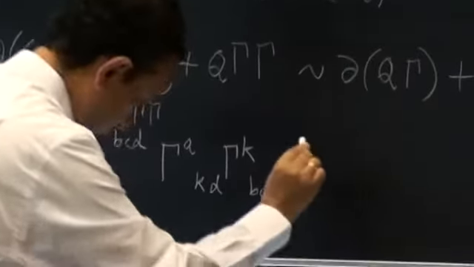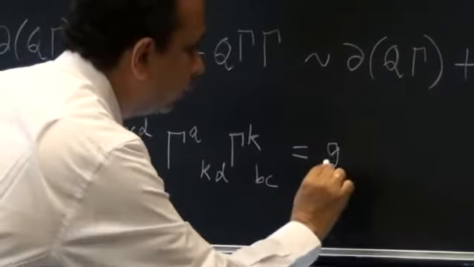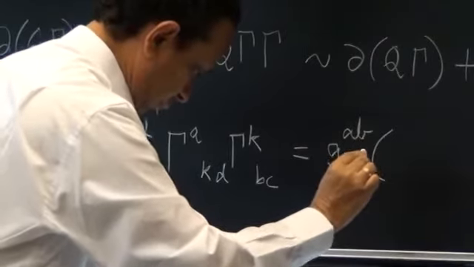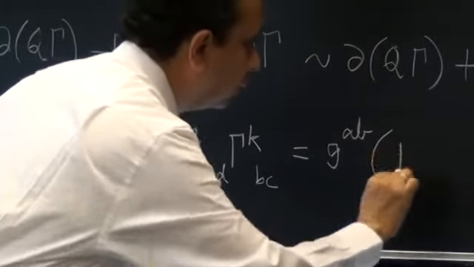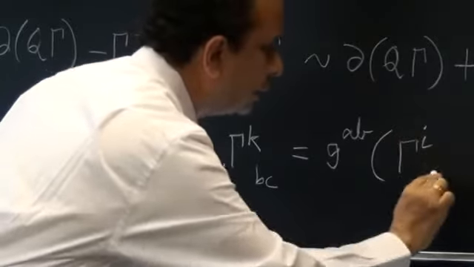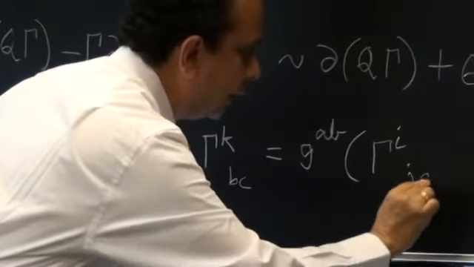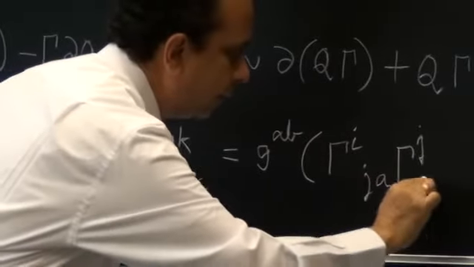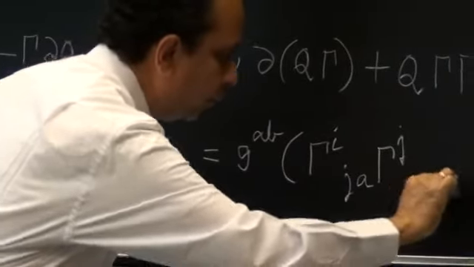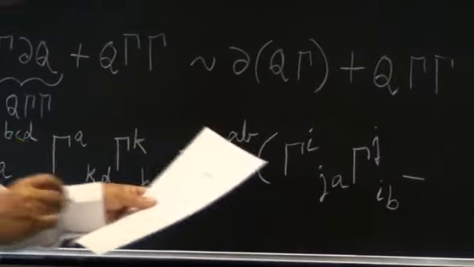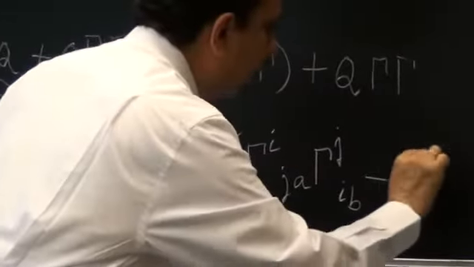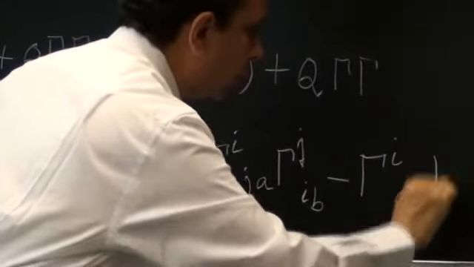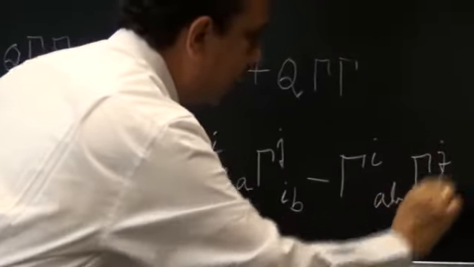expression which is g^{ab} comma ij, a comma j i b, minus gamma i a b, gamma j i j.